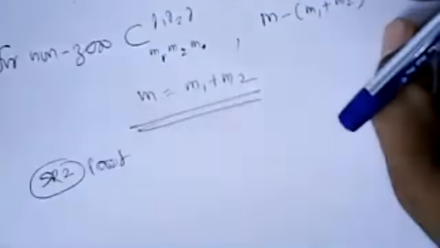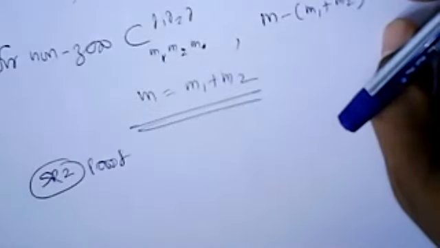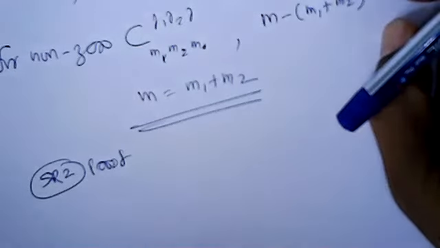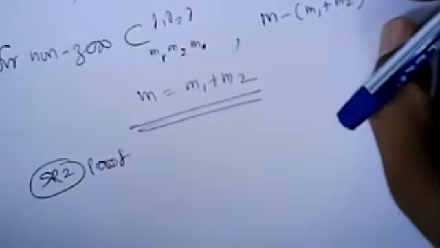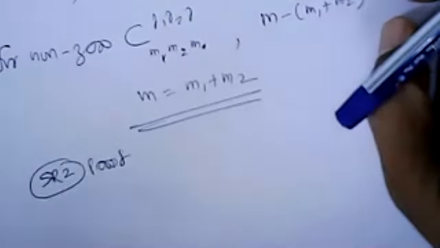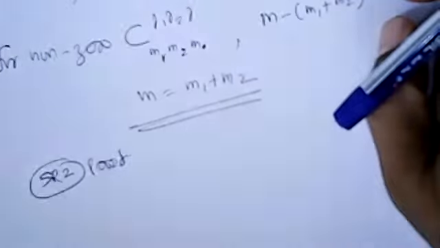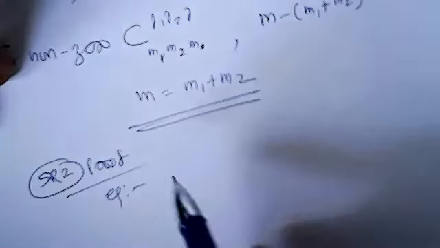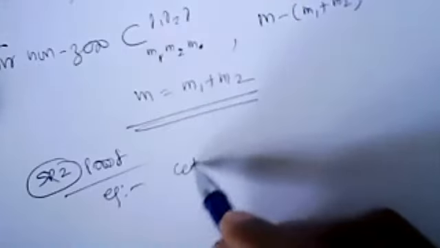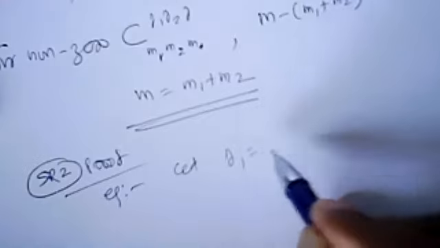Selection rule. And for the second selection rule, I will start with an example first, then I will give the proof. Okay. So first consider one example. We are adding two angular momenta.